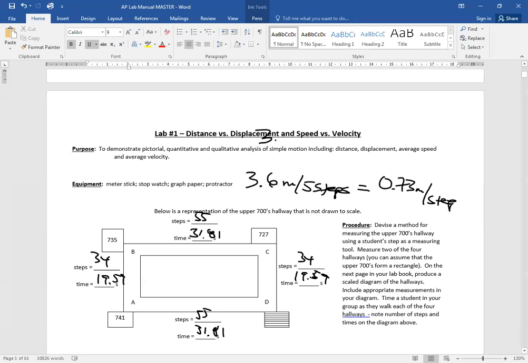So from this, we can start calculating some stuff. So if you took a trip from A to B, what distance would that be? Well, we have to convert it, right? Because that's in steps. So how many meters is it from A to B if it's 34 steps?